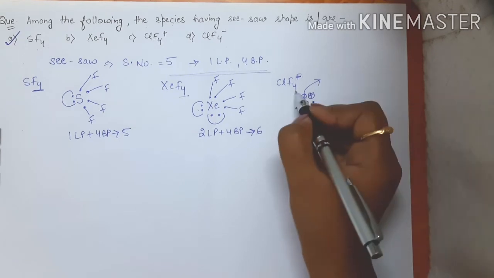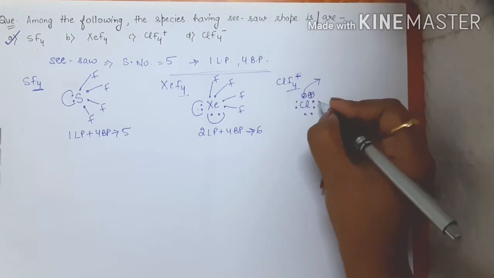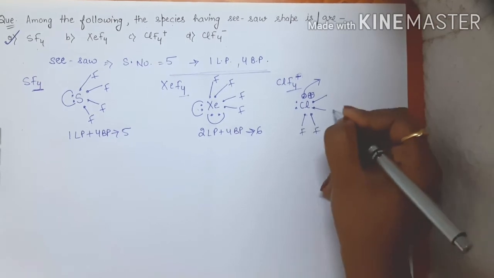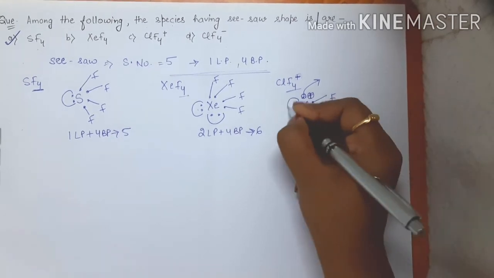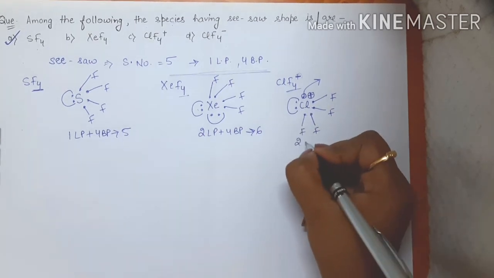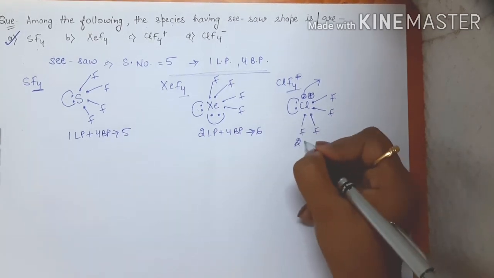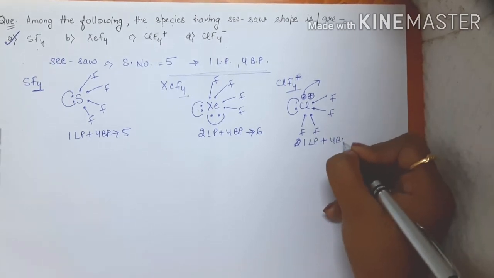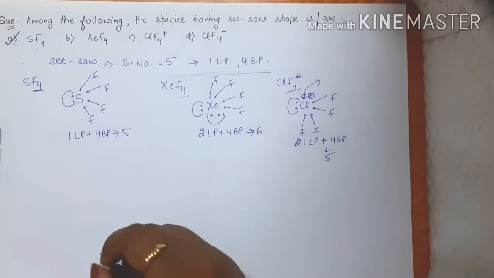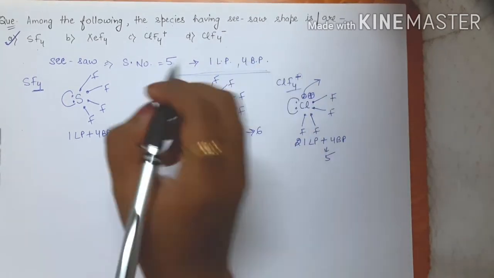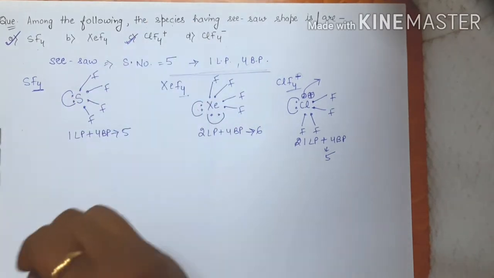Now we have to attach 4 fluorines here, so it will be attached like this, and there will be 1 lone pair. So here in this case, 1 lone pair plus 4 bond pair, giving you steric number of 5. So it is also satisfying the condition, so it is also having the seesaw shape.